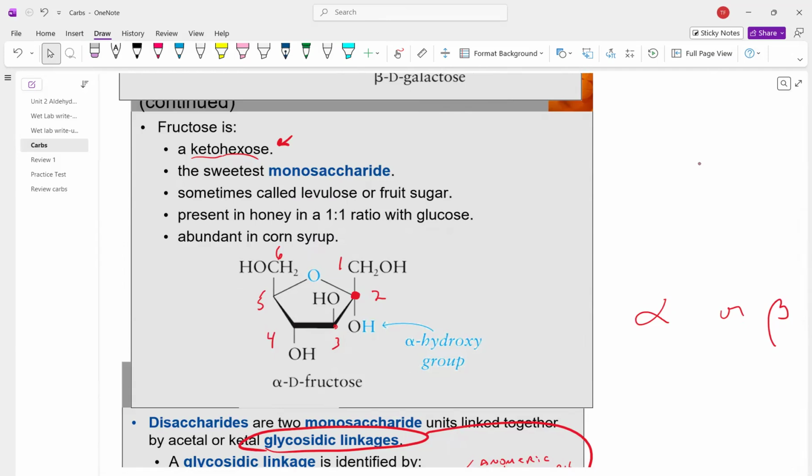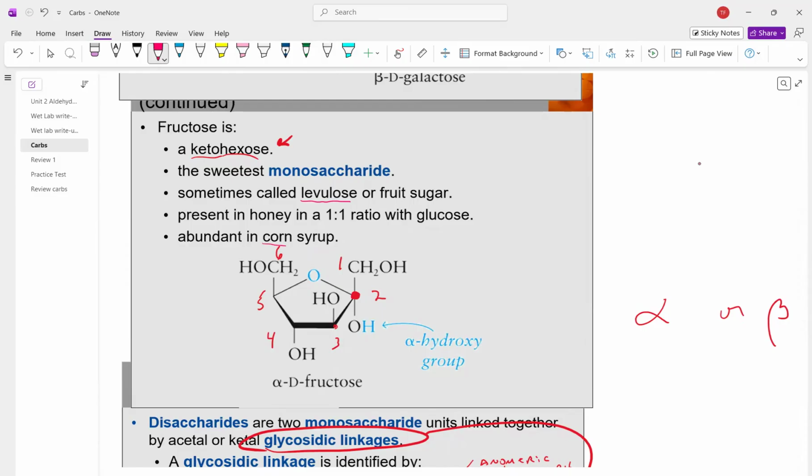Now, fructose is a ketohexose. Hexose meaning it's 6 carbons. Keto means when it opens up to a ketone. It's almost twice as sweet as glucose. And these are the names used to hide the fact it's fructose.